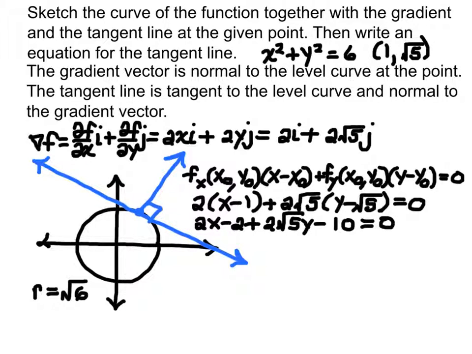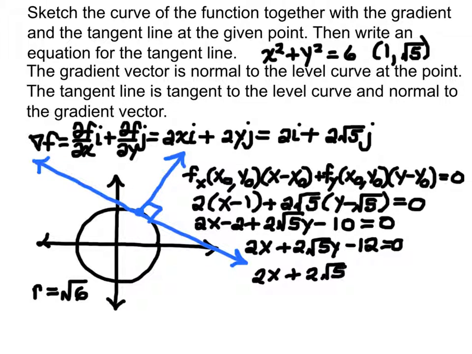Now let's combine the negative 2 and the negative 10, and we get 2x plus 2 radical 5 y minus 12 equals 0. And this simplifies to 2x plus 2 radical 5 y, and add the 12 to both sides, so this equals 12.